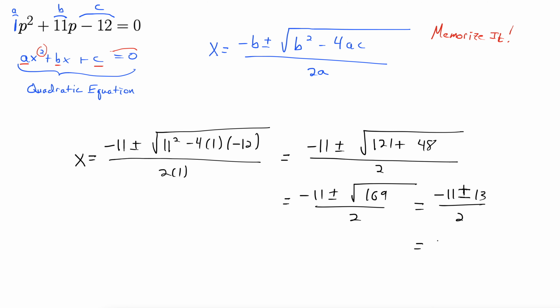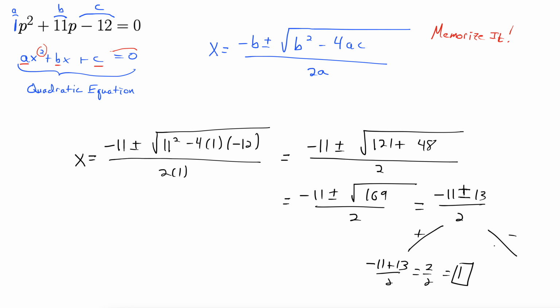So let's do the plus case. Let's break it down like this: plus, minus. Negative 11 plus 13 over 2. Negative 11 plus 13 is 2, so that's 2 over 2 equals 1. There's one of our answers.